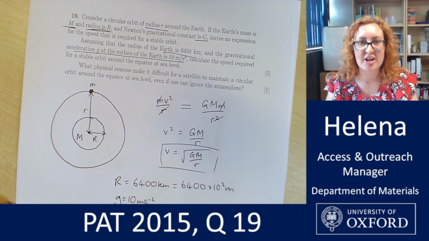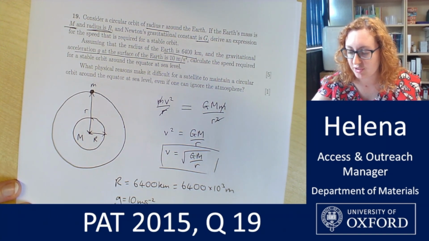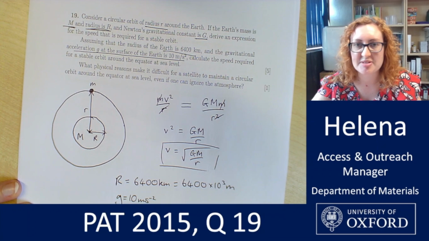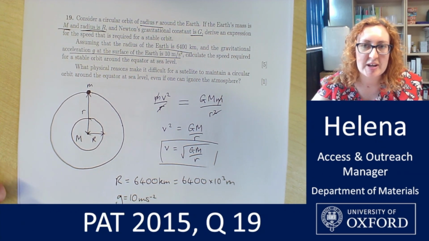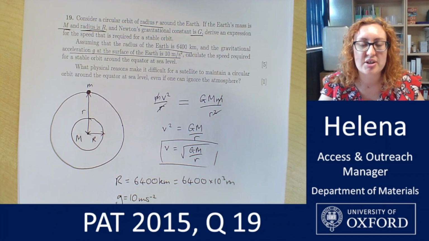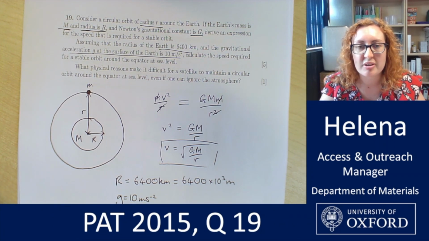Now let's go back to the final part of the question, which is asking what physical reasons would make it difficult for a satellite to maintain this type of circular orbit around the equator at sea level, even if one can ignore the atmosphere? Well, let's just physically think about the shape of the Earth. It's not a perfect sphere. So if we're trying to maintain sea level around the equator, we would have to go through some land masses, some mountains, for example.